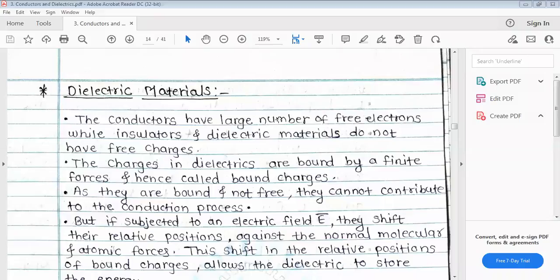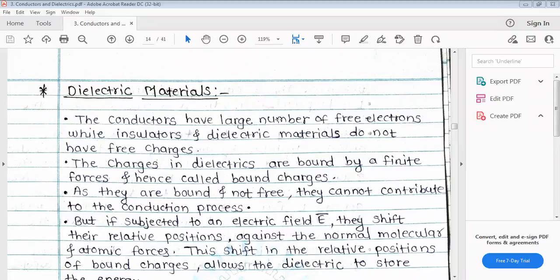It is neutral. No free electrons are there. All charges are bound there. So no current is flowing through the dielectric materials.